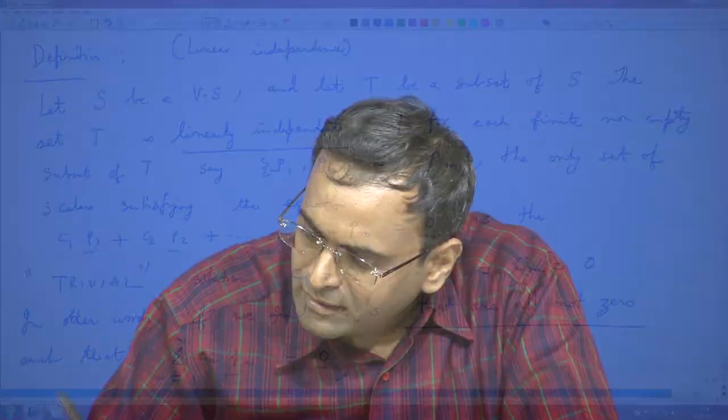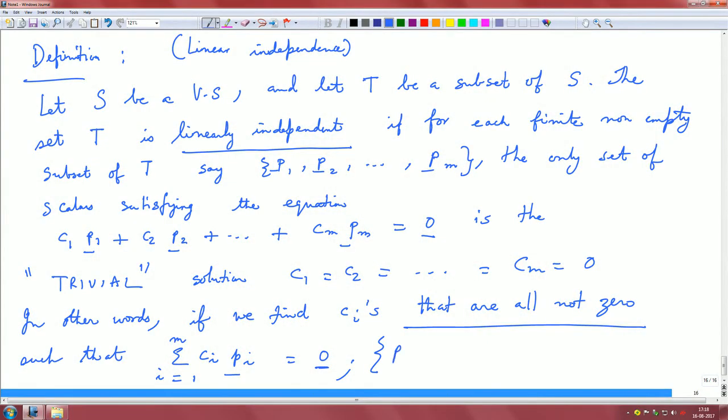Sometimes I may miss this underscore, but you have to register in your mind that it is a vector. Then this P sub i, i equals 1 to m, they form a linearly dependent set.